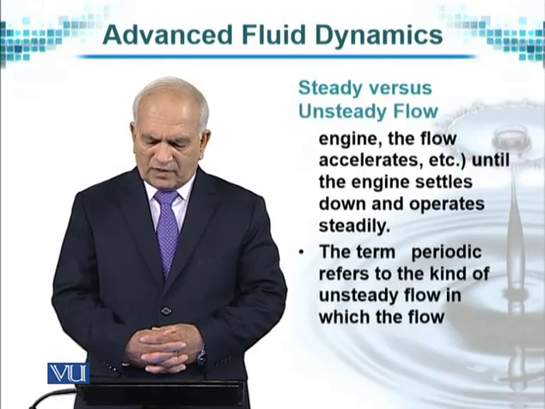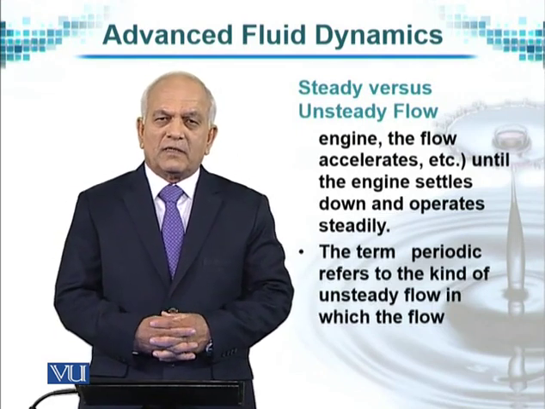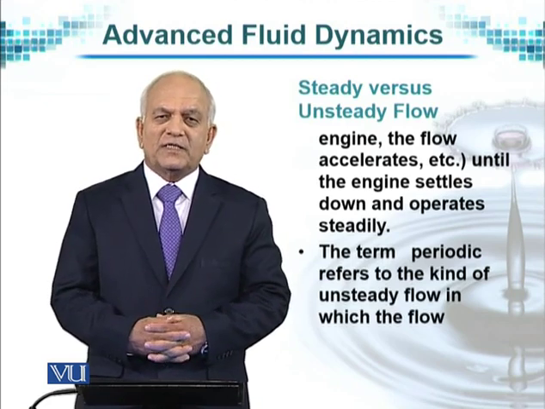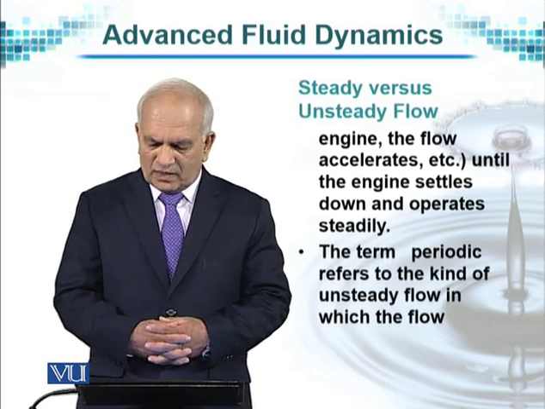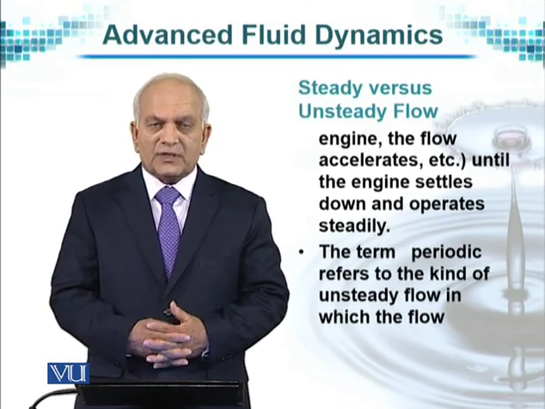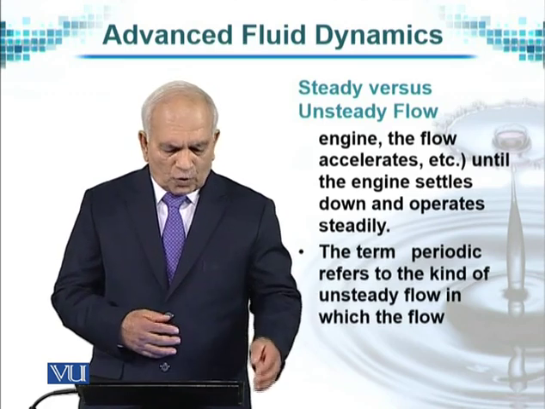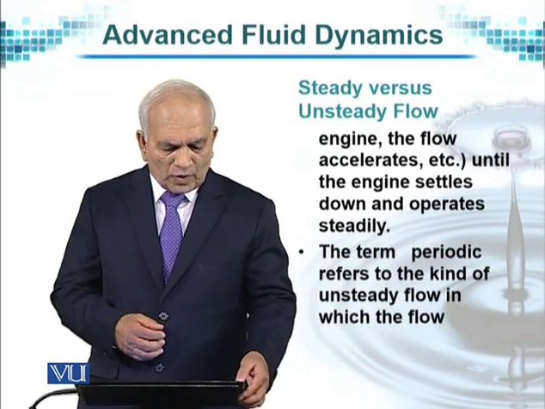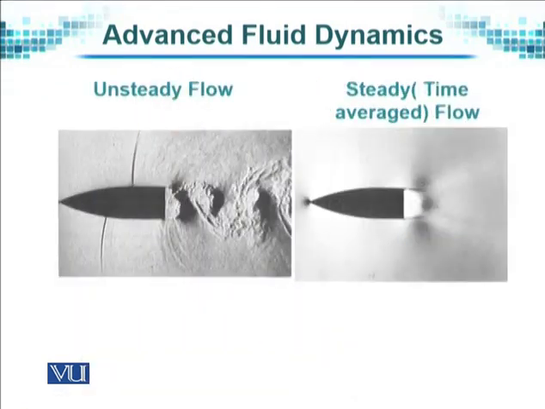In the engine, the flow accelerates. So obviously when the engine is fired, the flow will accelerate and build up, and eventually when it develops sufficient power, the rocket takes off, until the engine settles down and operates steadily. This is one example where such a transient flow takes place.